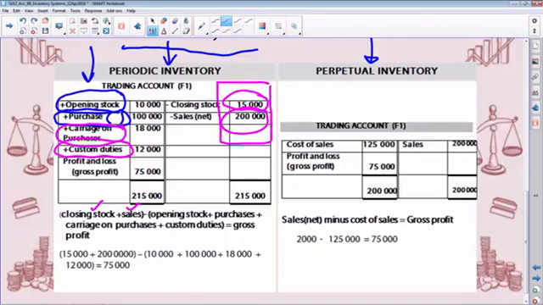Less your opening stock, then your purchases, then your carriage on purchases, then your customs duties, okay? This would then give you what we refer to as the gross profit of 75,000 Rand.